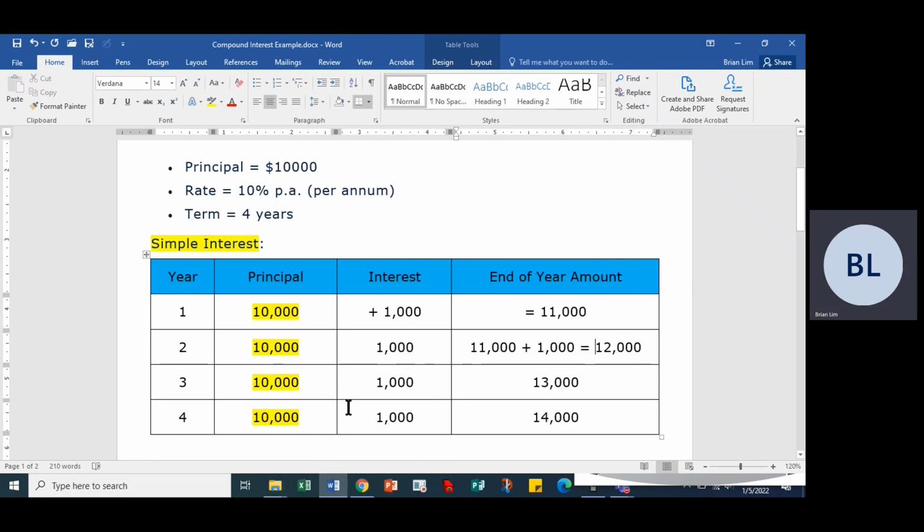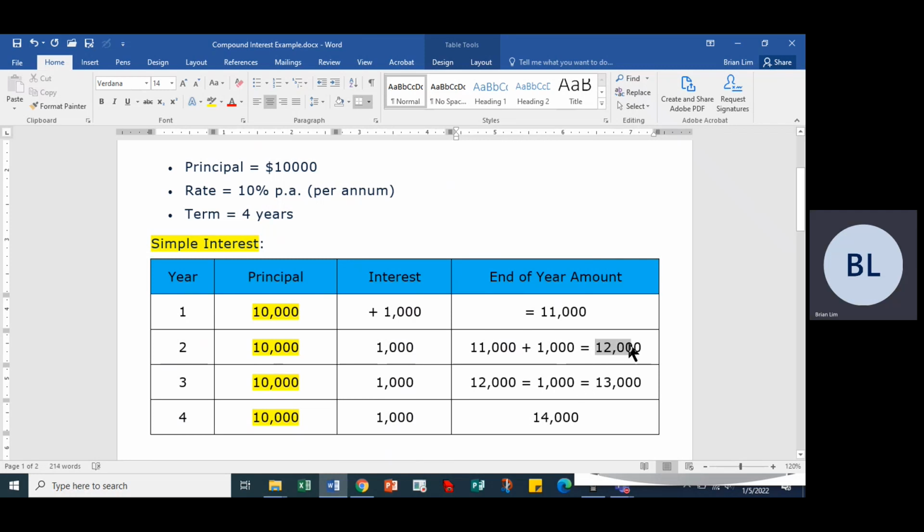All right, now similarly, in the third year, the interest is calculated on $10,000, so it will still be $1,000 interest. So to get this amount now, the end of year amount, we will take the amount from the previous year, which would be the end of the second year, the amount being $12,000, and then we add $1,000 of interest, and that would give us $13,000.